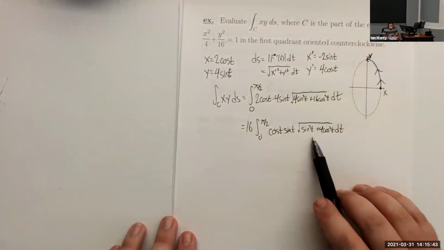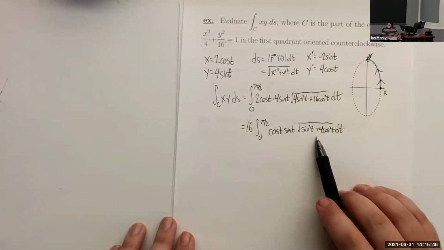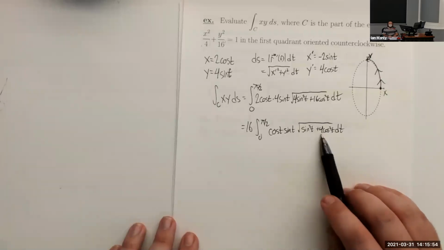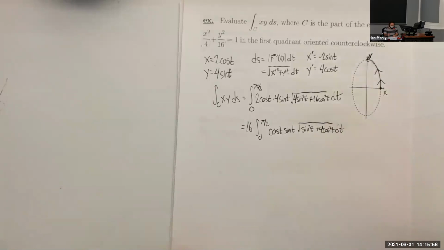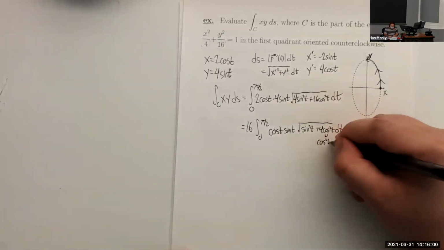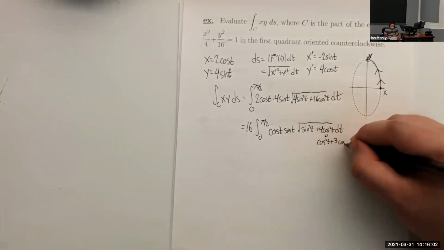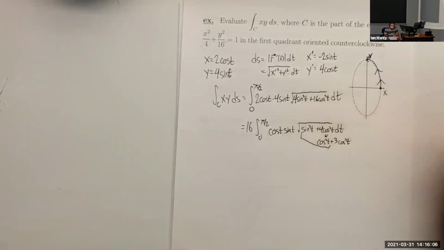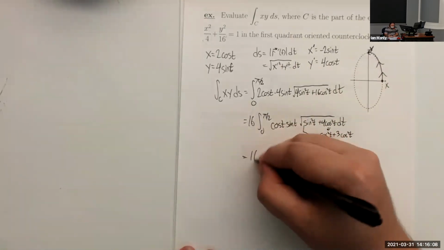Okay, now this almost looks like it could be a Pythagorean identity, except that the coefficients don't match. We have a sine squared here and a 4 cosine squared right here. So what I'm going to do is change this into sine squared plus cosine squared plus 3 cosine squared, and then I'm going to combine these two to form 1.